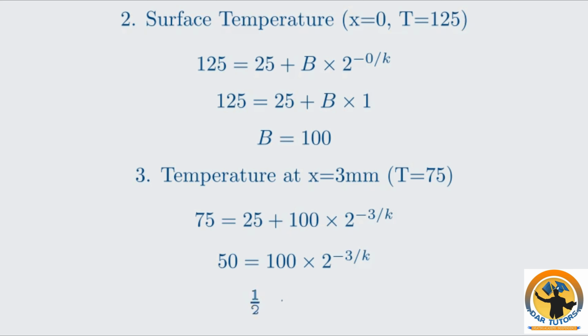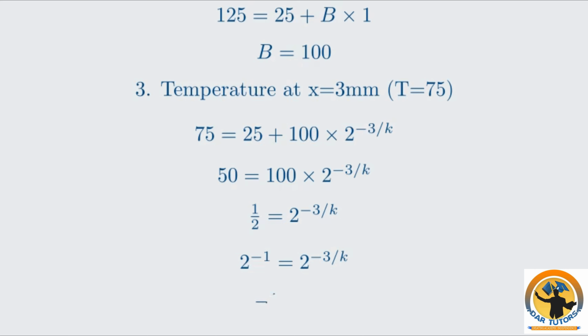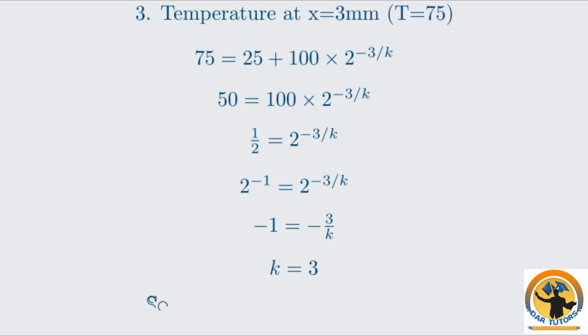Subtracting 25 from both sides gives 50 equals 100 times 2 to the power of negative 3 over k. Dividing by 100 gives 1/2 equals 2 to the power of negative 3 over k. Since 1/2 is 2 to the power of negative 1, we can equate the exponents. Negative 1 equals negative 3 over k. This means k equals 3. So we have found the integer values of our constants: A equals 25, B equals 100, and k equals 3.